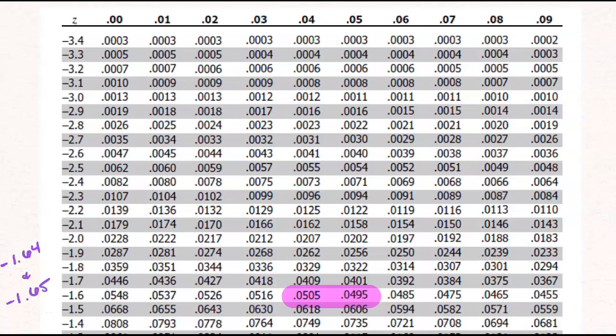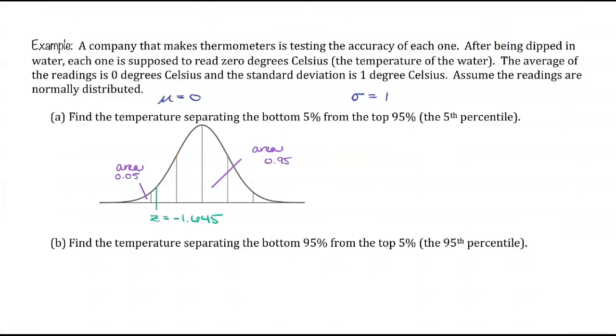Since the area that we're looking for is precisely in the center of these two areas, the z-score that we are looking for is precisely in the center of these two z-scores. That is, the z-score we are looking for is -1.645. This threshold of 5% or the 5th percentile is pretty common, so you might want to make a note of it on your z-table if the version of your z-table doesn't already have it.